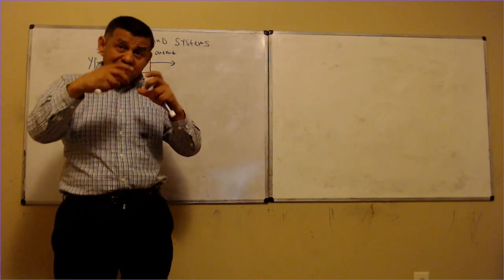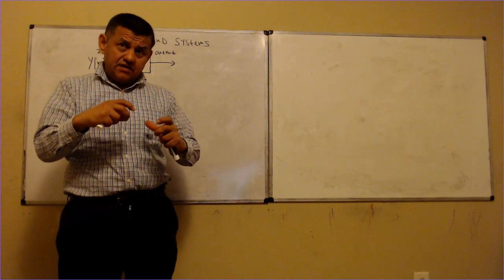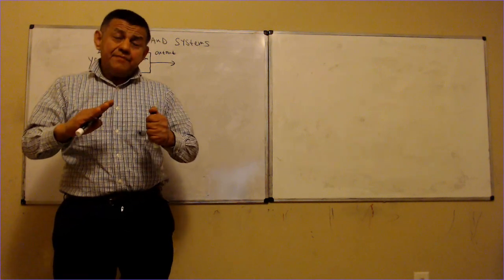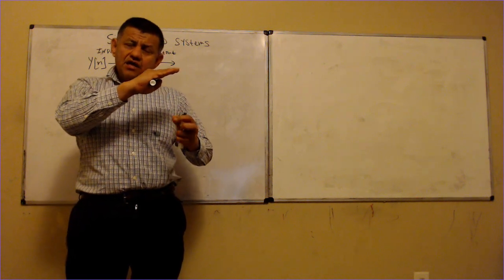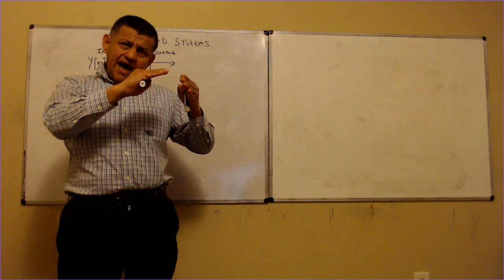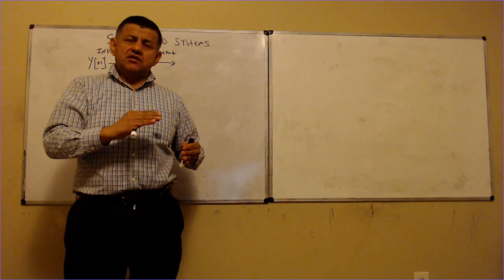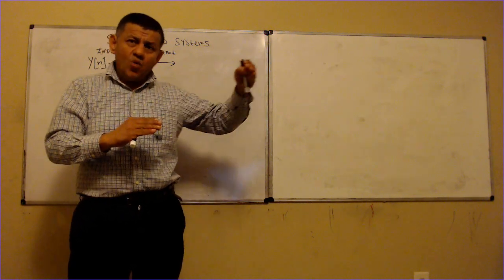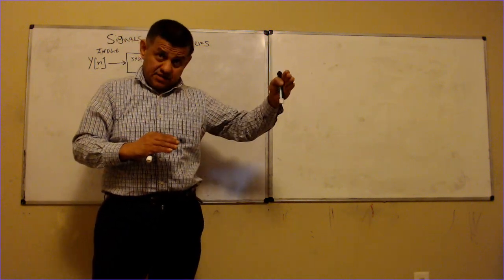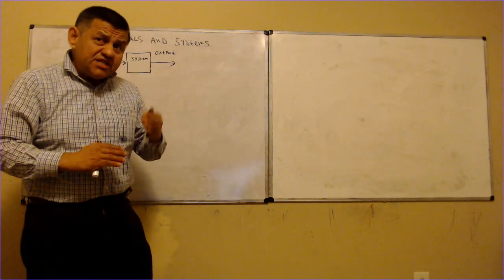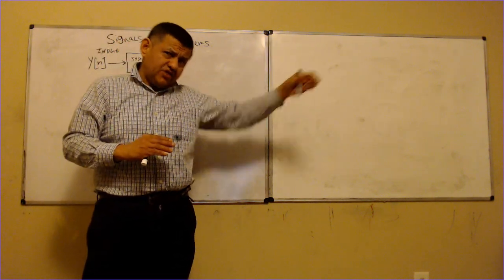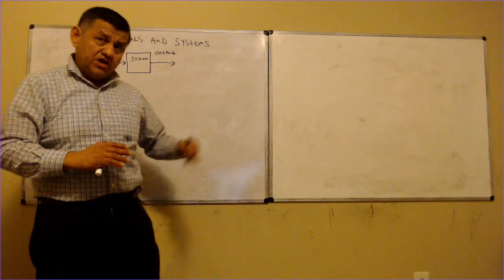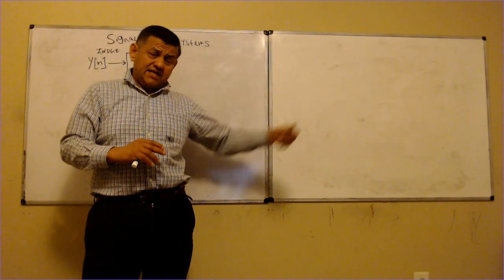The phone has an internal antenna on it, and that internal antenna passes the signal through the air by discrete signals, in other words, zeros and ones. The discrete signal goes on to the other end, where the other person answers the phone.